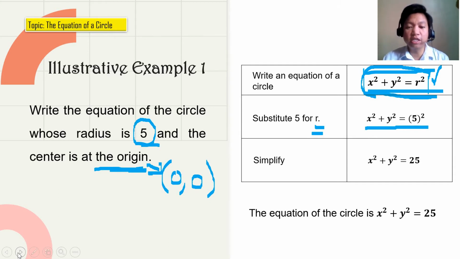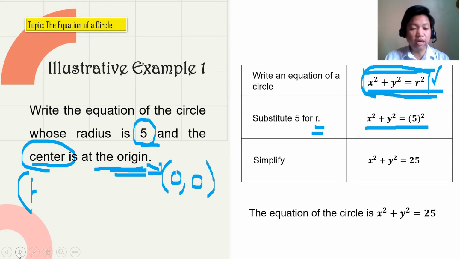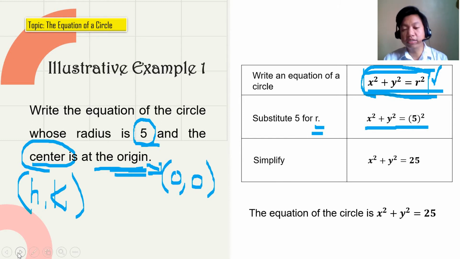Kaya, doon lang tayo nag-focus sa radius. Sir, bakit hindi natin nilagay itong coordinates natin sa x and y? It is because hindi naman ito ang equivalent niya. So, tandaan niyo ang origin ang ating center. So, ang variables niyan ay h and k. Ayan. So, h and k kasi yung ating center. Pero dito, dahil wala namang h and k, kasi nga ito yung ginamit natin dahil ang origin natin ay 0, 0.